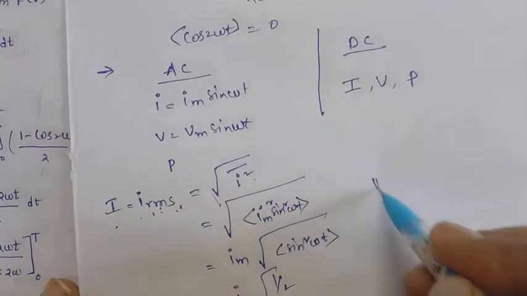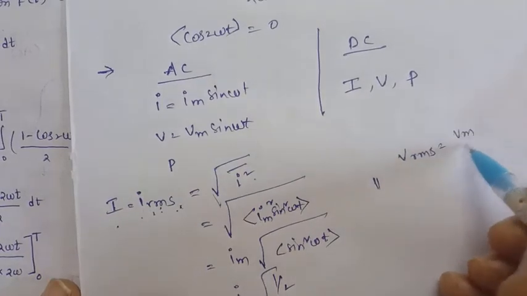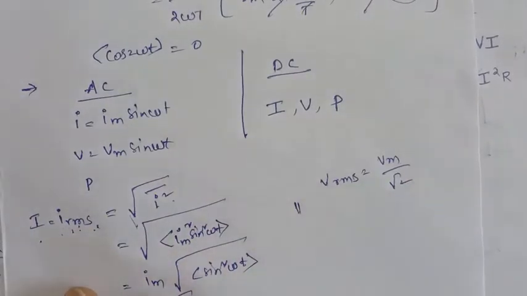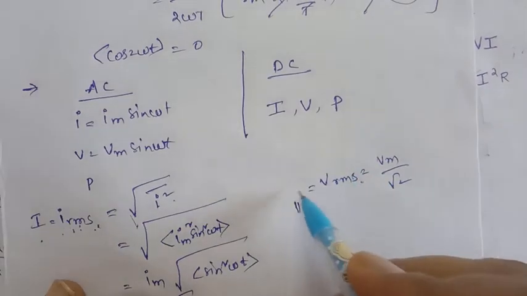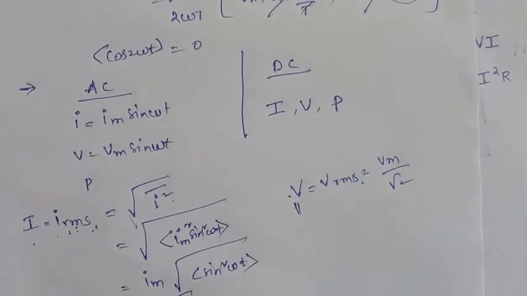So similarly Vrms is also equal to Vm by root 2. IRMS is equal to Im by root 2, Vrms is equal to Vm by root 2. So here Vrms means capital V. In case of direct current, V is equal to Vm by root 2, and I means Im by root 2.